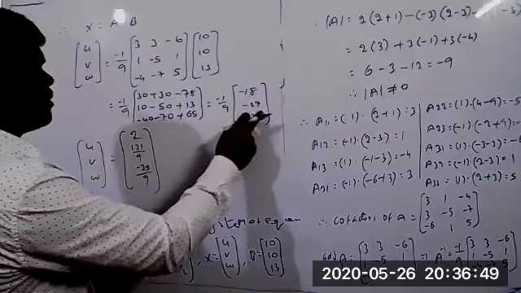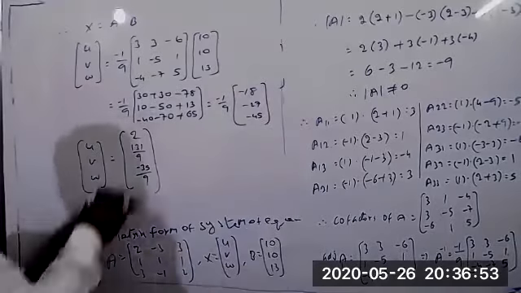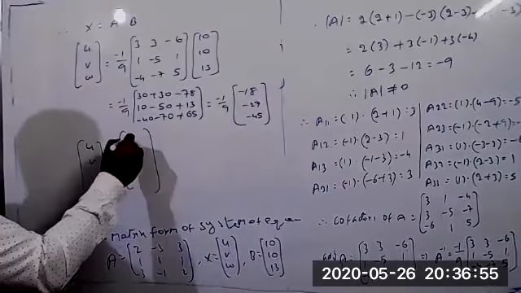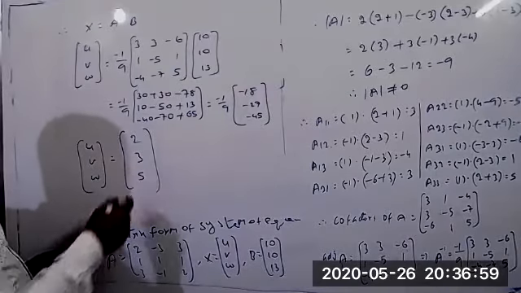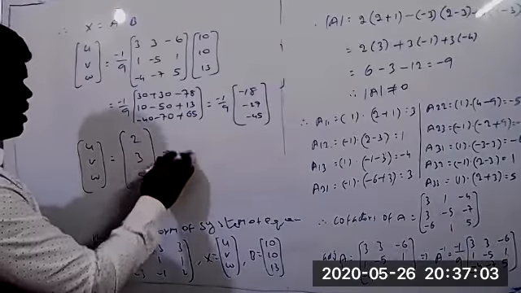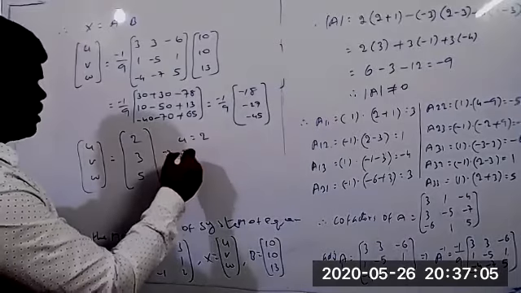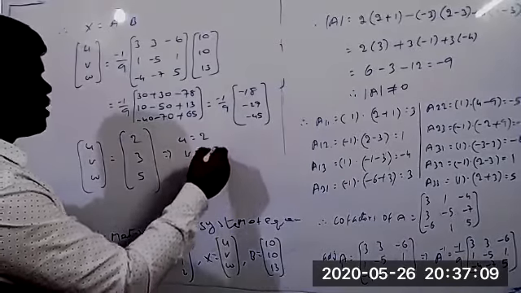So minus 45. Correct? Now we'll get correct. So this is the 2 now. This is the 3. And this is the 5. That implies the value of u equal to 2, the value of v equal to 3, the value of w equal to 5 now.